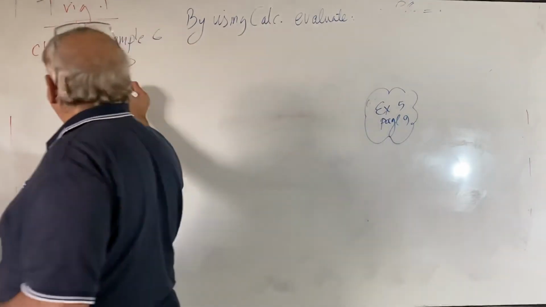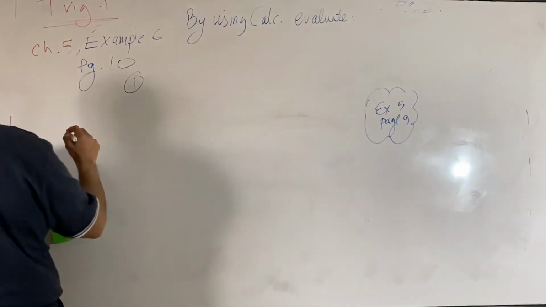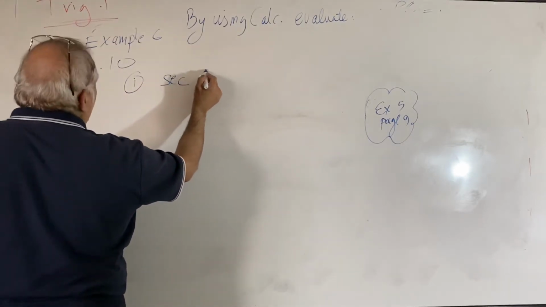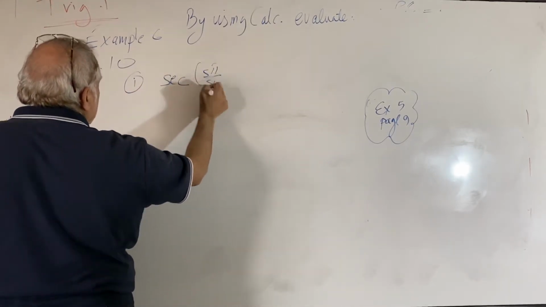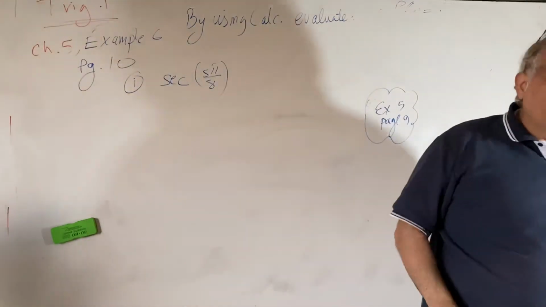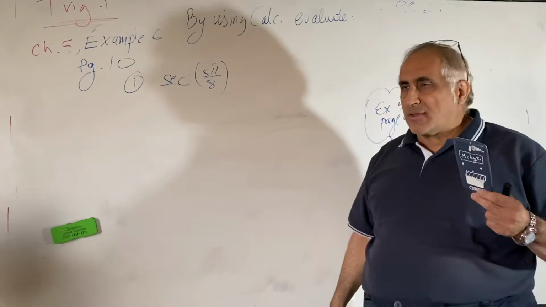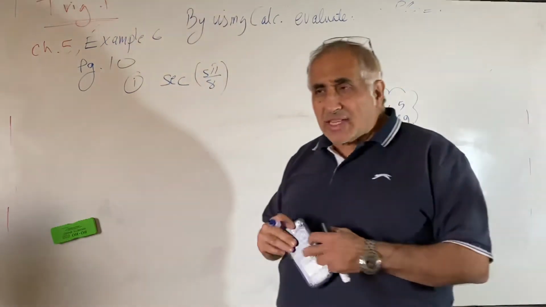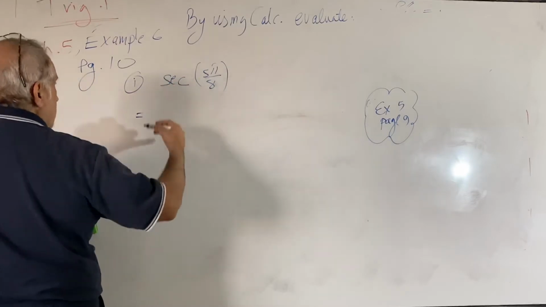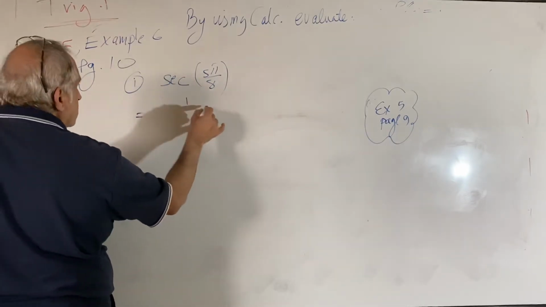Let me start with one of them, number 1: the secant of 5 pi over 8. The calculator doesn't have secant or cosecant or cotangent, but we learned in the first lecture that secant is the reciprocal of the cosine.